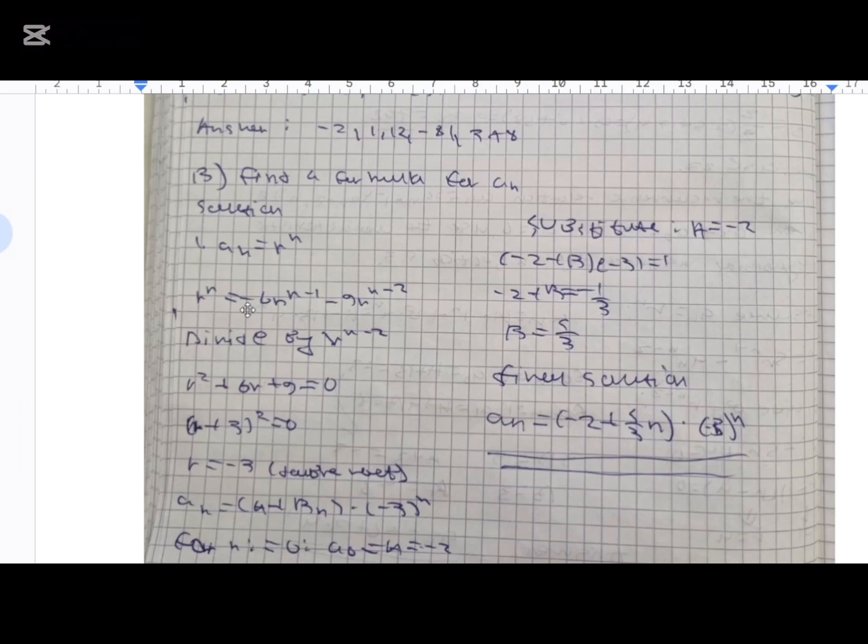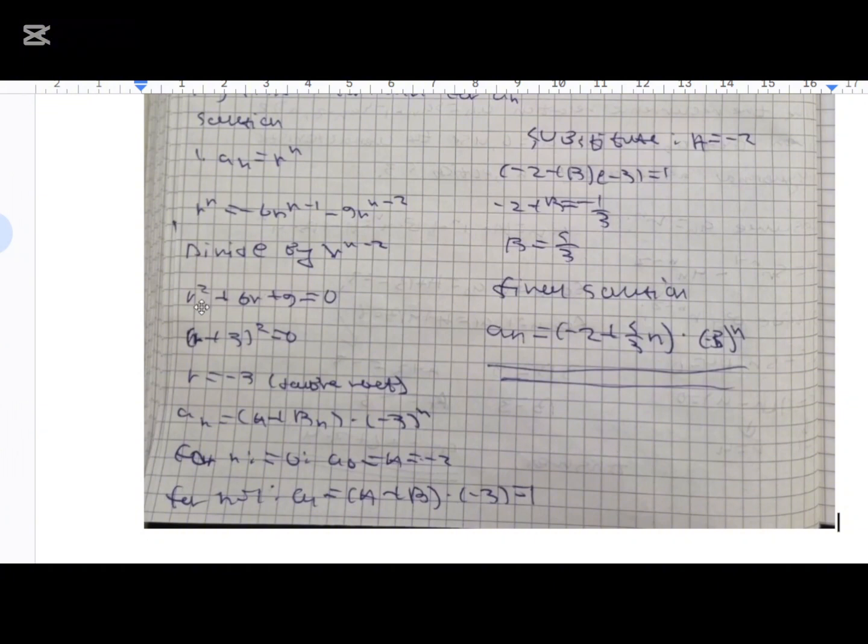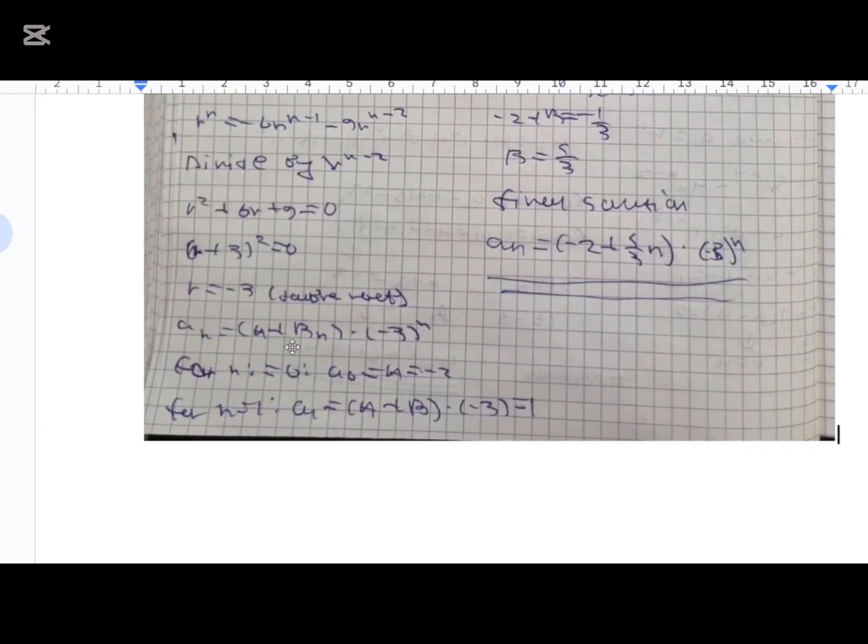It will be r squared plus 6r plus 9 equals 0. It will be a double root, as you can see that (r plus 3) squared equals 0. So r equals minus 3 is a double root.